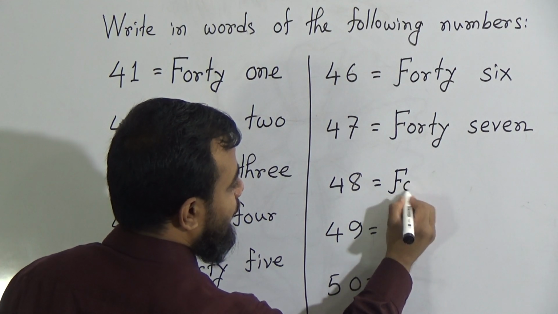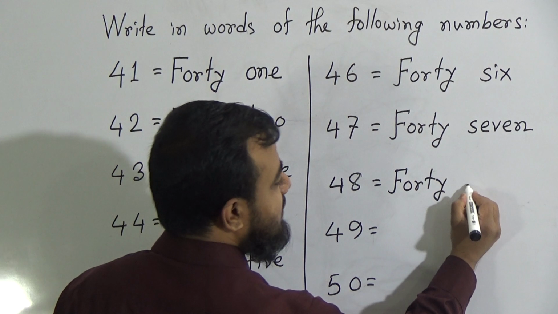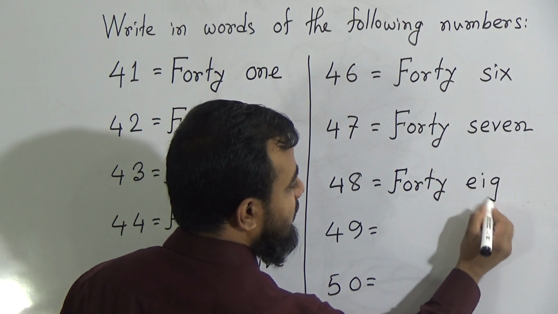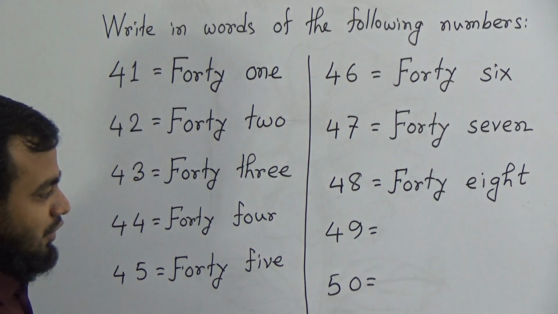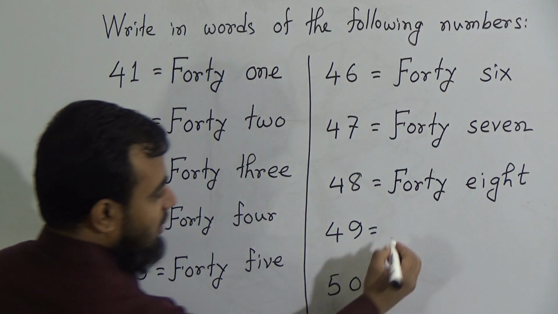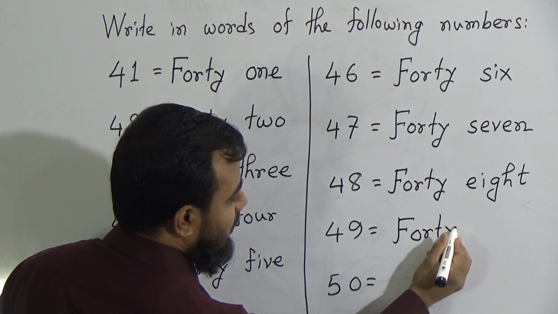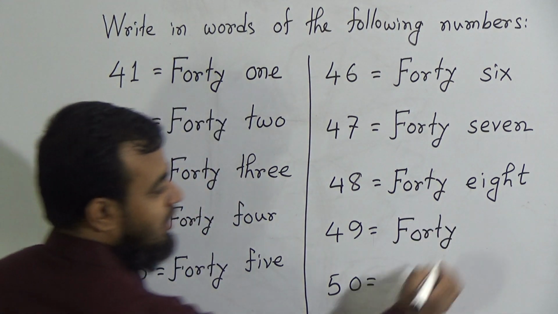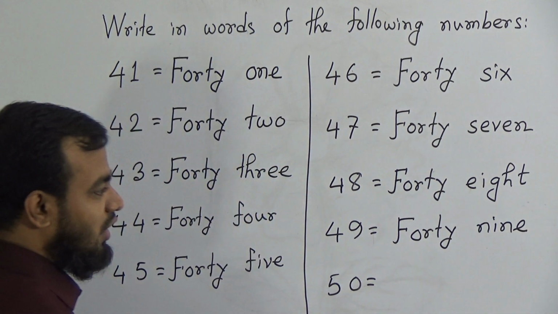First of all, you should write down 40, F-O-R-T-Y, 40, then 8, E-I-G-H-T, 8. Our next number is 49. 4 and 9 makes the number 49. The spelling of 49 is F-O-R-T-Y, 40, then the spelling of 9, N-I-N-E, 9. It makes the number in words 49.